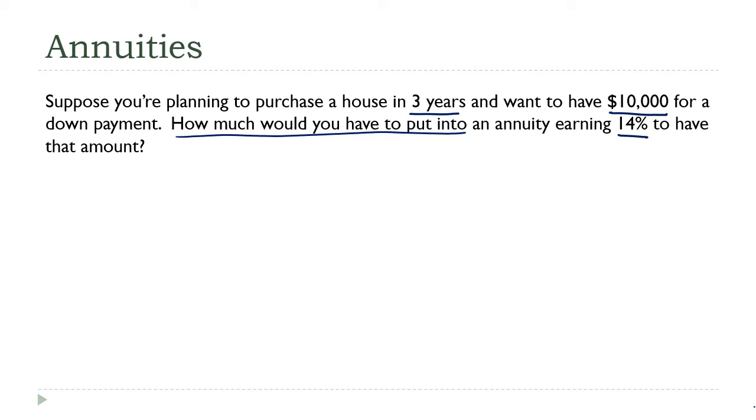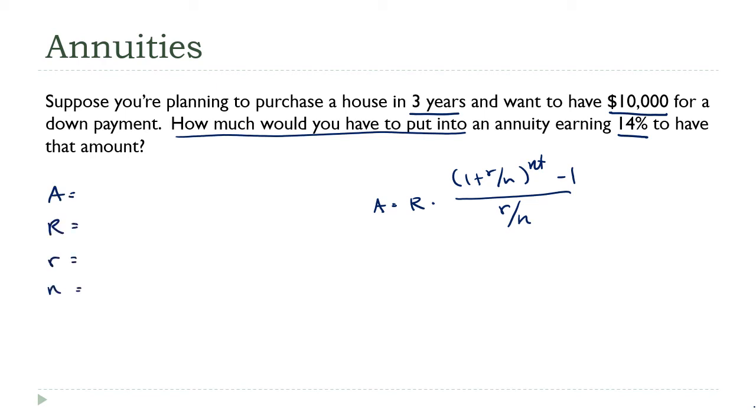To have that amount, let's go to our formula. A equals R, 1 plus r over n, to the nt, minus 1, over r over n. Let's get our pieces: A, capital R, lowercase r, n, and t.